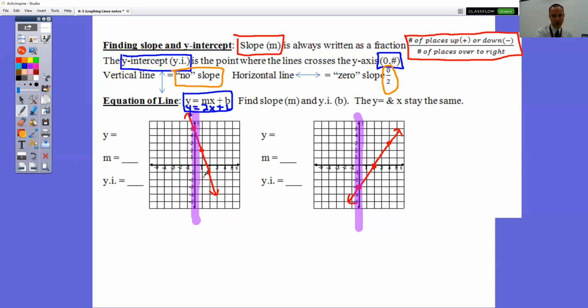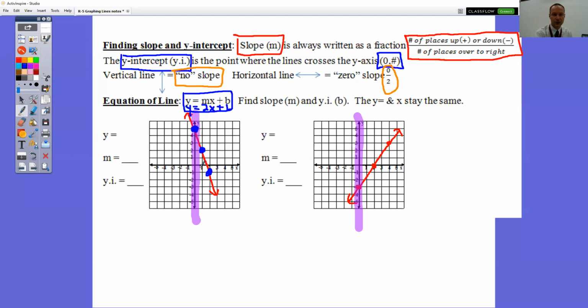So take a look at this first one. The first thing that we want to do is find the slope. How do you go from dot to dot to dot, going from left to right, just like you read a sentence? So what we're really doing here is we're going down 1, 2, 3, and over 1.